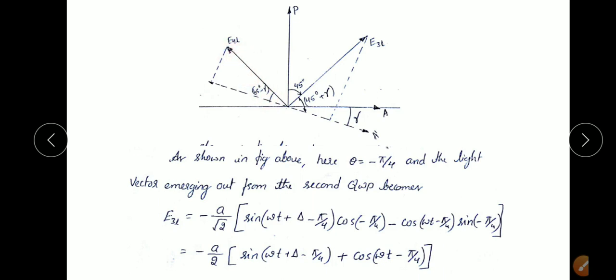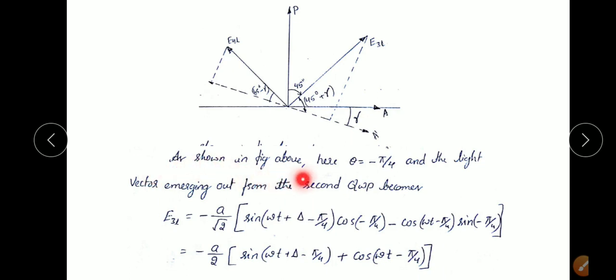These are the light vectors coming out of the second quarter wave plate. To get the extinction, we have to shift this angle A, in this direction, to some gamma angle. At that point you are going to get extinction, and that extinction results in dark fringe patterns, which are considered for the stress measurement.